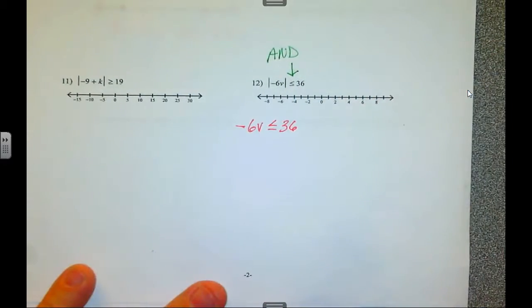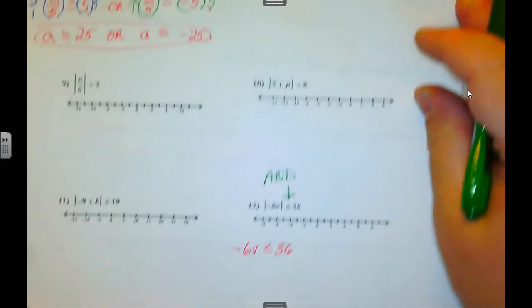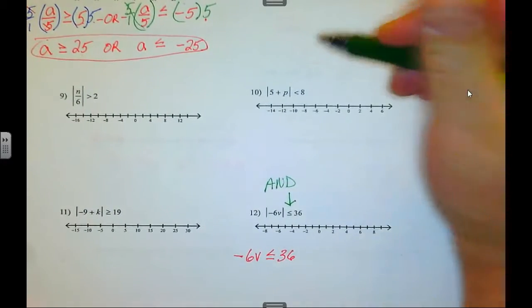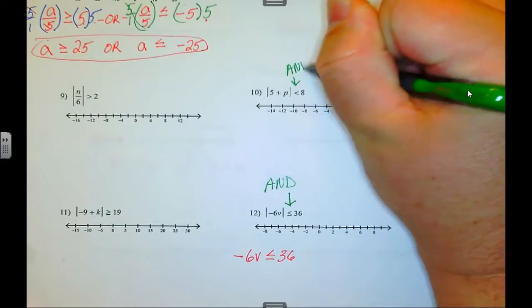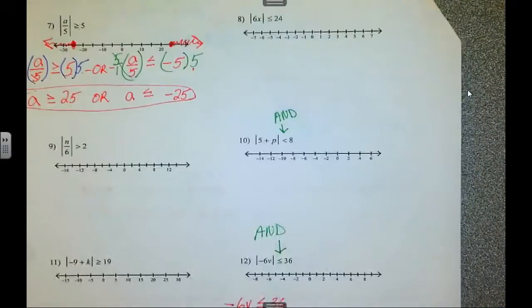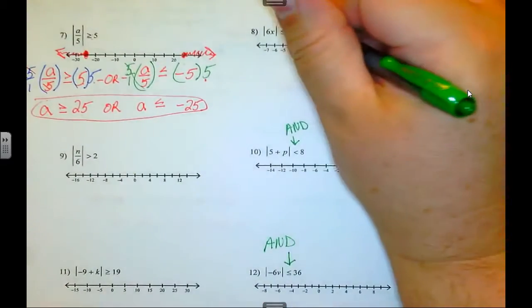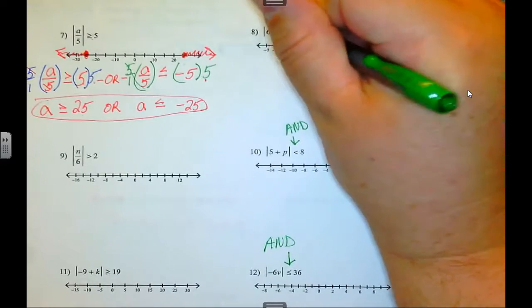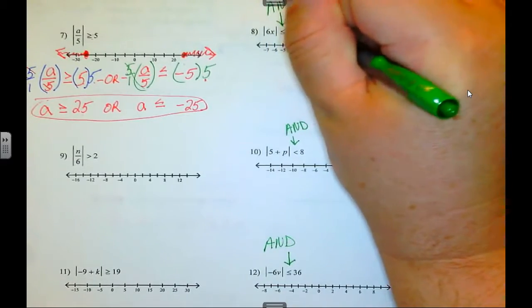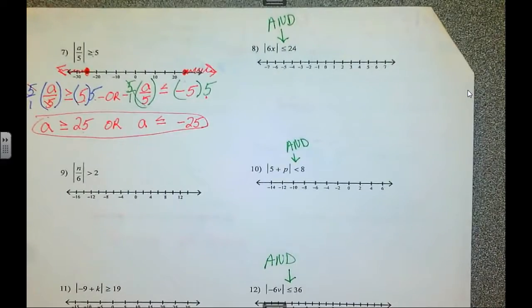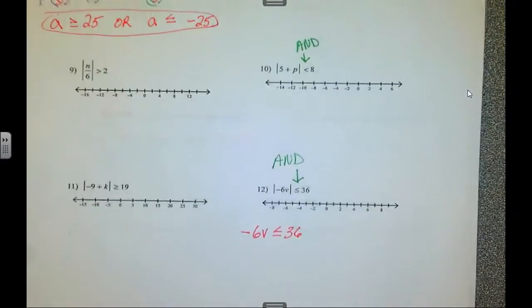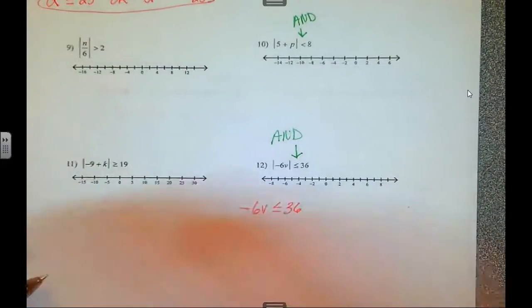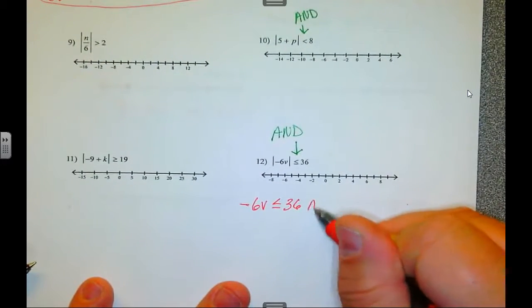Okay. So number 10 is an and, and number 8 is an and. Because it's a less than or equal to, so I got to use the word and.